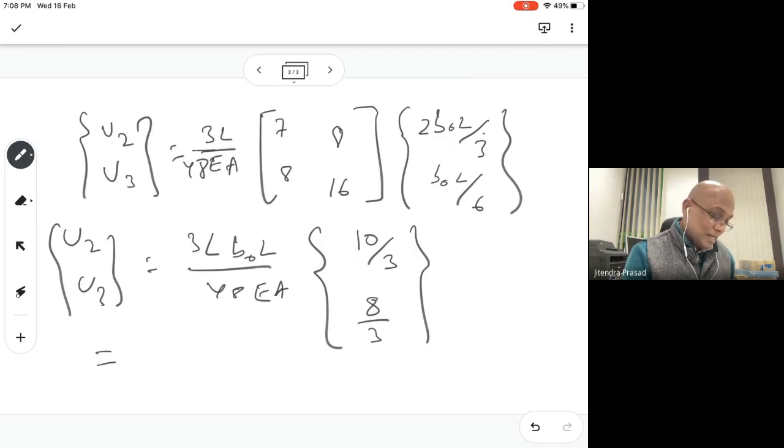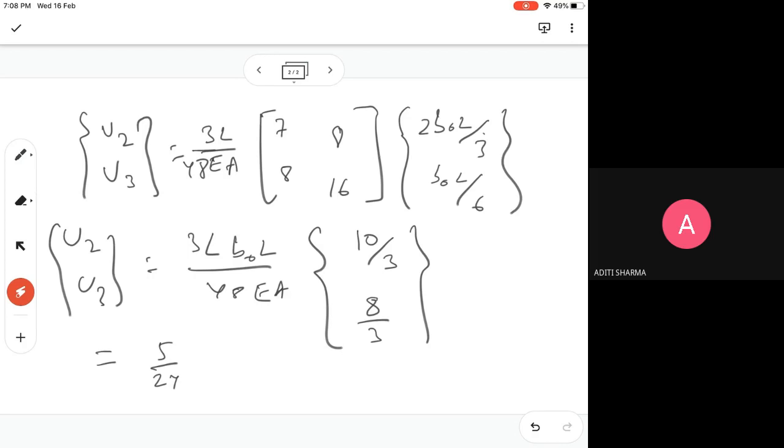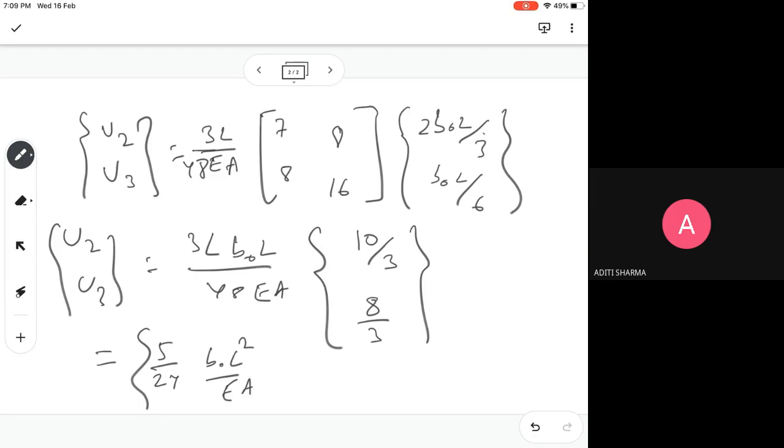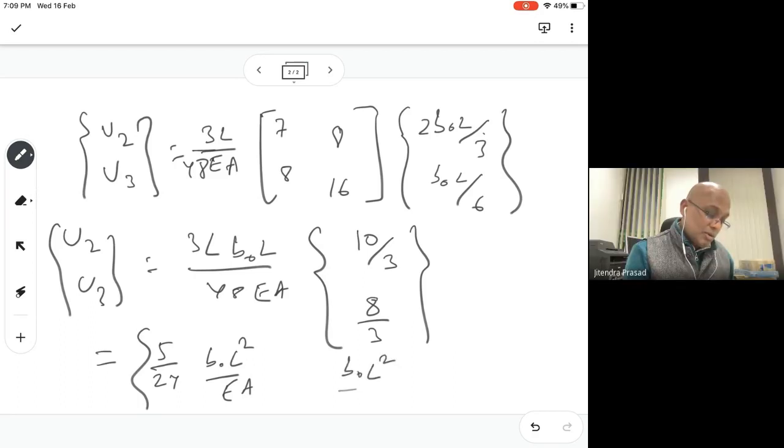First one will be 10 over 48, so it becomes 5 over 12, right? 5 over 24. So 5 upon 24, B naught L square over EA. And second one will be 1 over 6, right? So B naught L square over 6 EA.